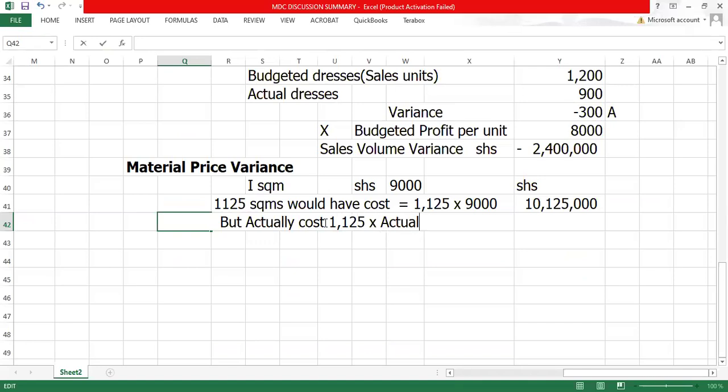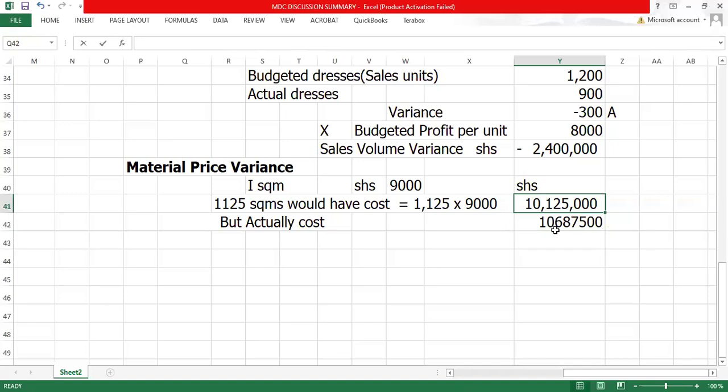But now you don't have that actual material cost per square meter. So simply put the other figure, which is 10,680, 7,500.